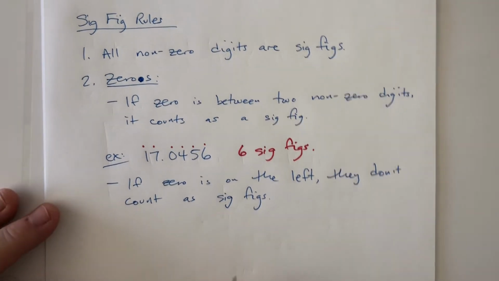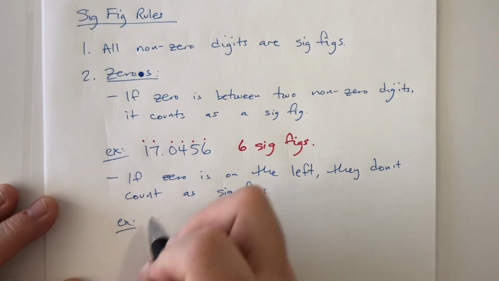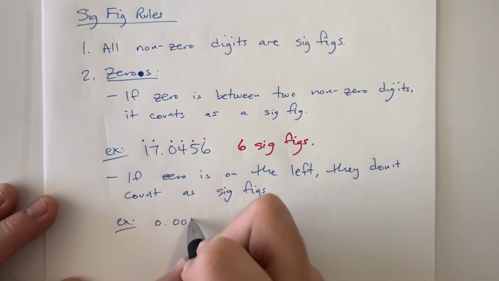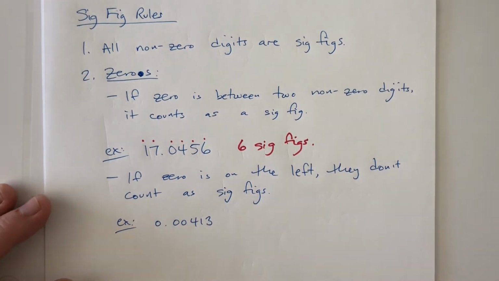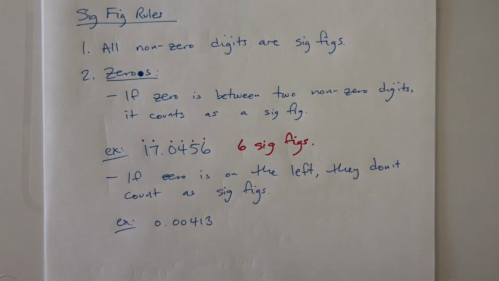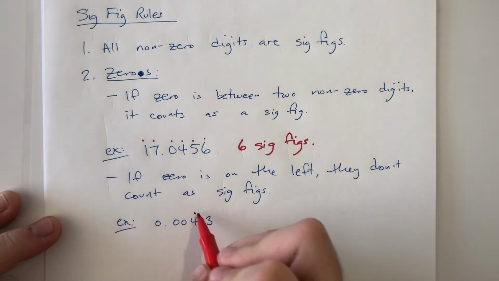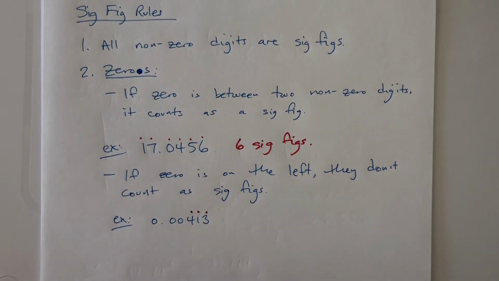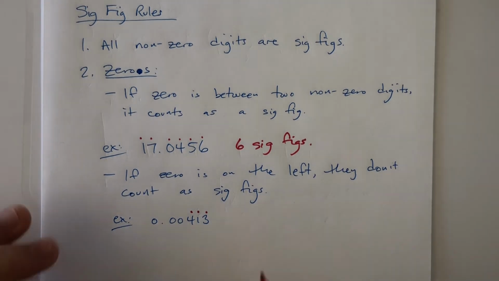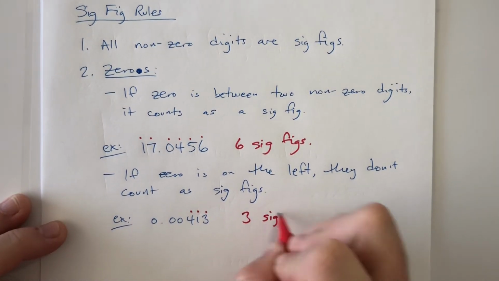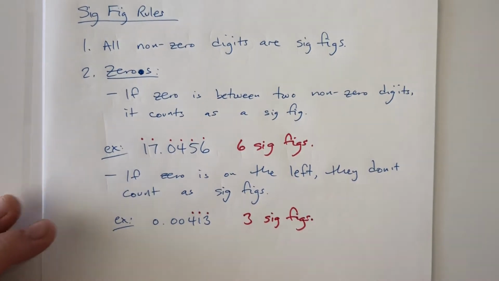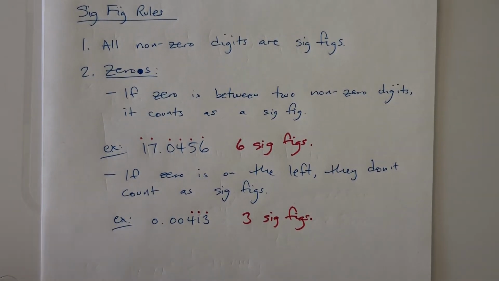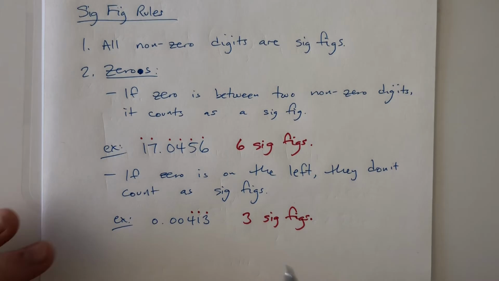So, for example, if you had 0.00413, and we want to know how many sig figs there are, we know the 4, the 1, and the 3 definitely count. The zeros on the left are not considered sig figs, so this would only have 3. Okay? So zeros on the left do not count.